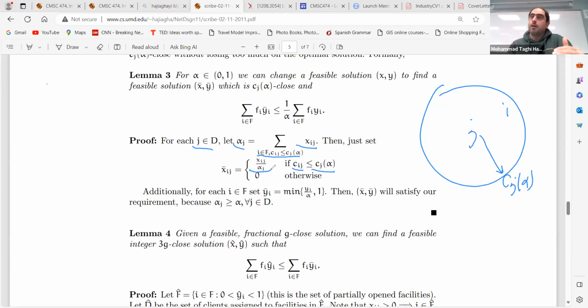So it will be divided by alpha j. Alpha j is less than 1, so essentially you are serving this client a little bit more with this i. Before it was xij, now you are changing it to xij over alpha j. Otherwise, it would be 0. So for everyone else, it would be 0.